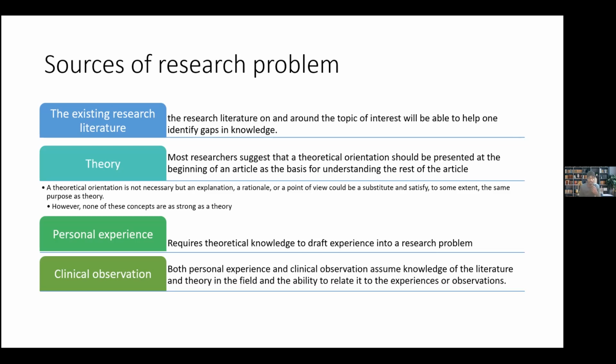But theory is not entirely necessary; an explanation or rationale is enough for a research problem, though they are not as good as a theory. If you have a theory giving you a lot of questions or unanswered things, you can test it out as research. Even a minor explanation can take the place of a theory, a rationale or a point of view, but they are not as strong as a theory. So theory is a second source of research problems.